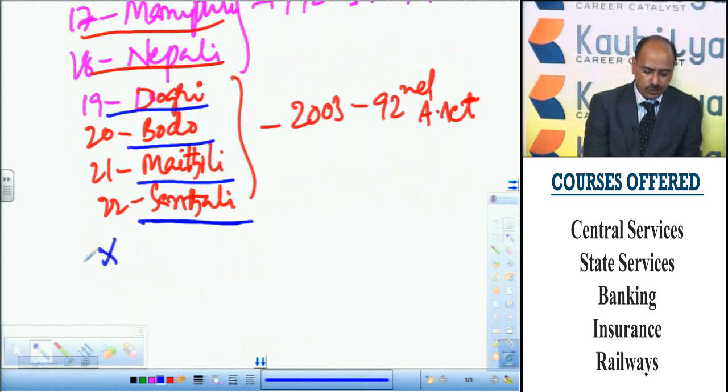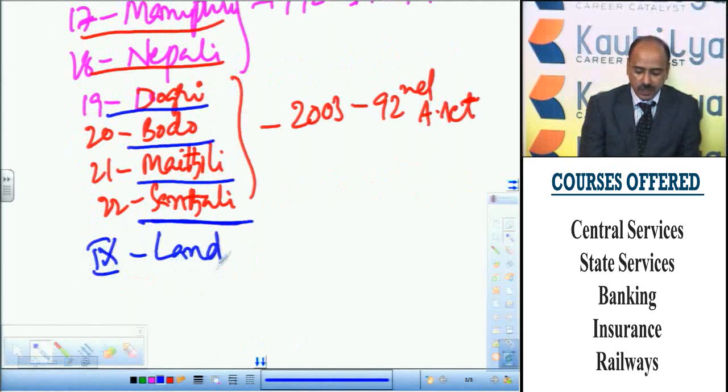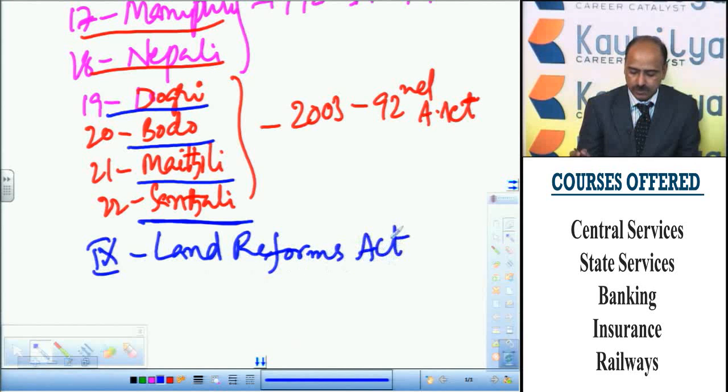Next, the 9th Schedule was added in 1951 through the First Amendment Act, that is the Land Reforms Act. Land reforms were mentioned in our Constitution.